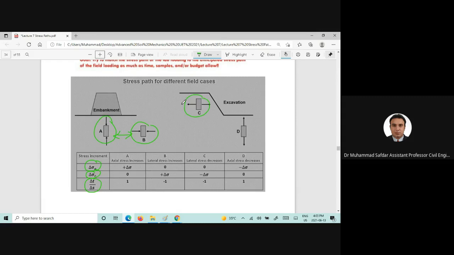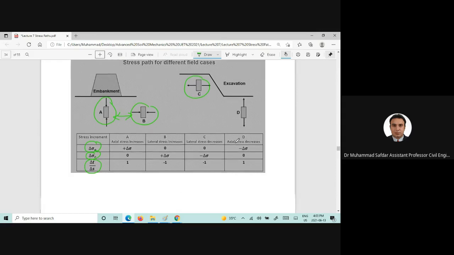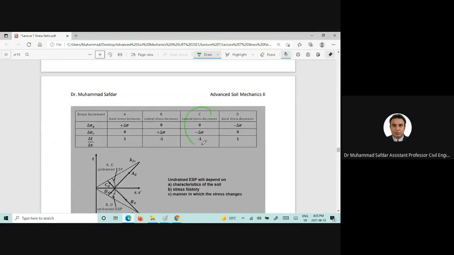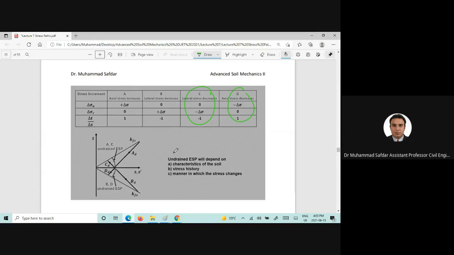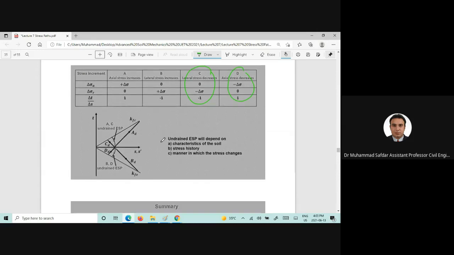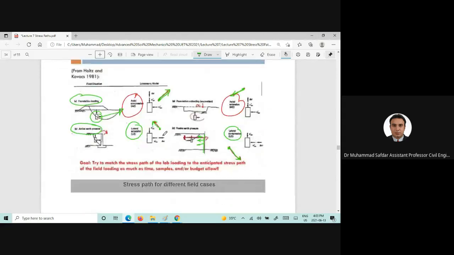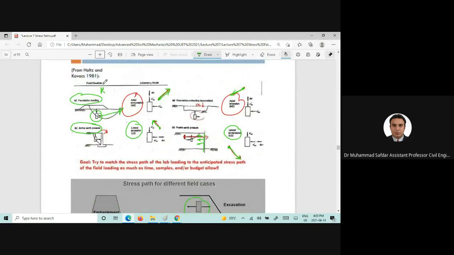Now, in a slope condition, the two samples you can collect from point C and point D, and we can also find out the lateral stresses and the axial stresses and delta t divided by delta s. So how we can plot these stress paths in the field conditions can also be seen here, and the practical application of those stress paths in foundation loading, in foundation unloading or excavation.